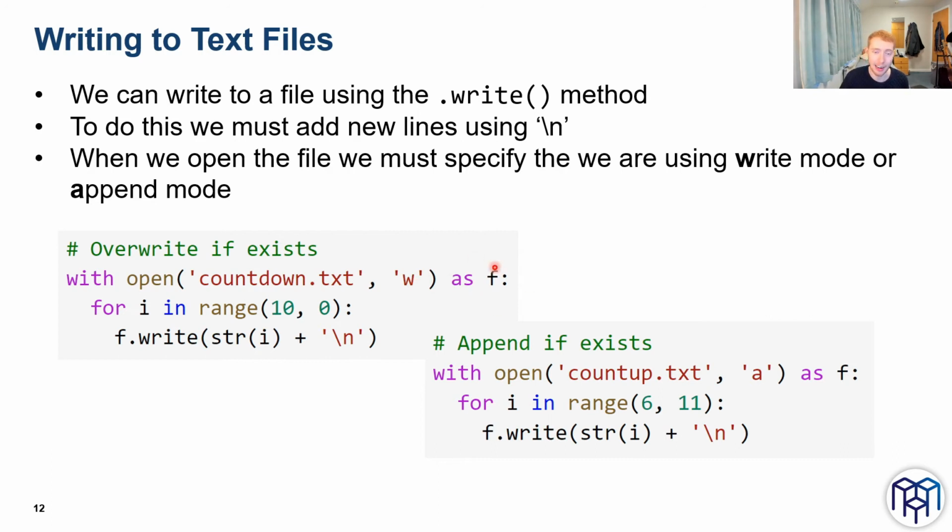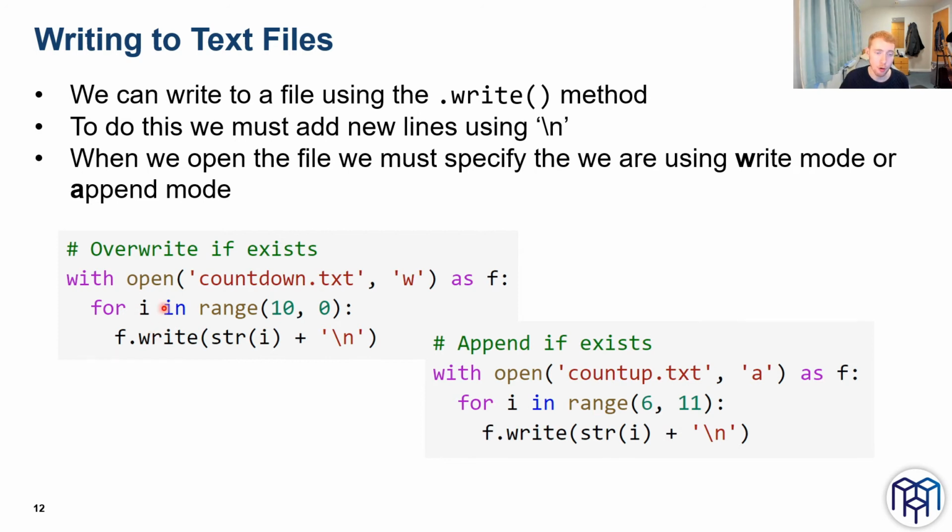And then we give this an alias as we did before. And so now we can do whatever we want, but rather than using .read to read the contents, we use .write to write the contents. So we can run .write multiple times. But the important thing is we have to put our own \n's in to add new lines.